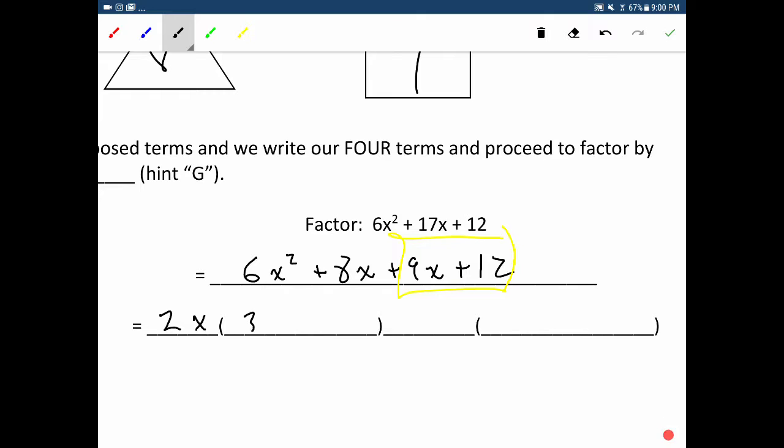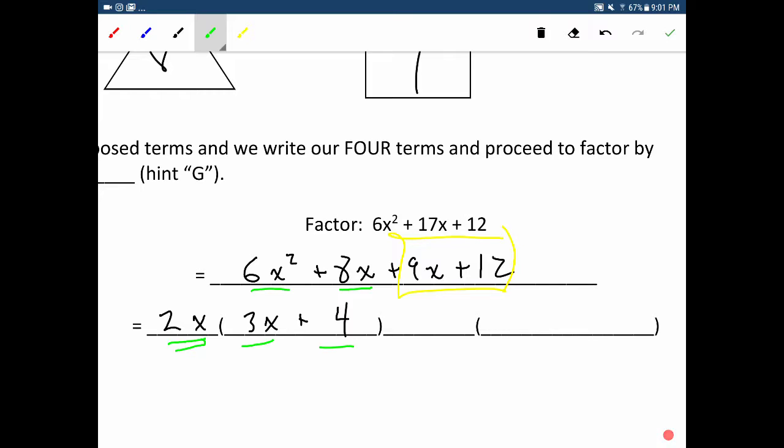So we're left with 3x plus 4. Okay, and to get those two numbers, we just took the 6x squared and divided it by 2x. That gave us 3x. We took 8x divided by 2x, and we get 4. I think I said that wrong just now, but that's what you do. You divide 6x squared by 2x, 8x by 2x, and that gives you two terms.